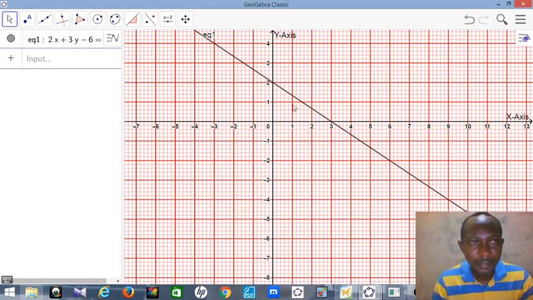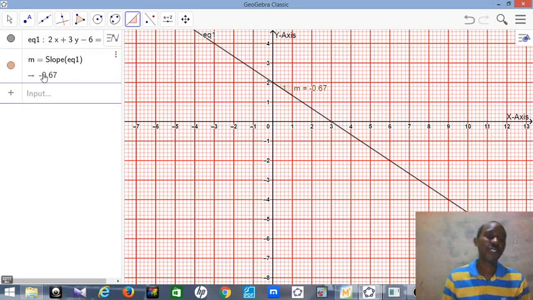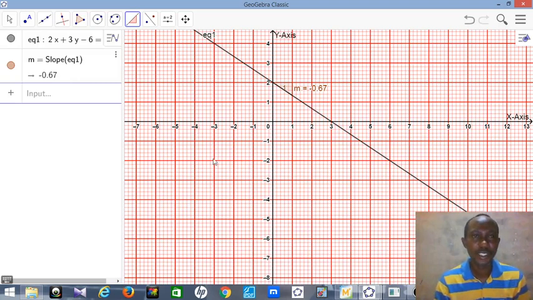The graph crosses the y-axis at 2. So that is why we have y-intercept as 2 as our answer. Then the graph crosses the x-axis at 3. So that is why we have x as 3 as our answer. Then the gradient, the slope of this line, you see the answer is minus 0.67. Can't you see that the formula is also correct with the plotting of the graph?